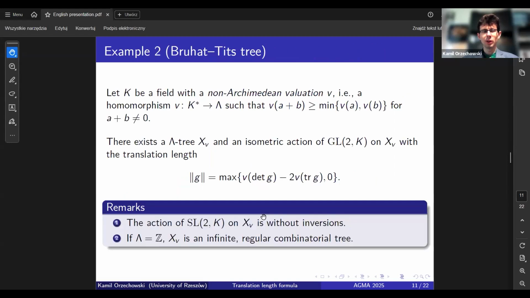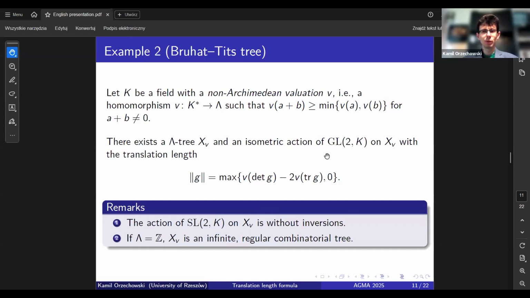The second example is Briat's tree. If we have a field with a non-Archimedean valuation, there exists a lambda tree X and an isometric action of GL2 on X with translation length depending only on determinant and trace of G. The action of the special linear subgroup is without inversions, and if the valuation is discrete, for example, p-adic valuation, the tree is an infinite regular combinatorial tree.